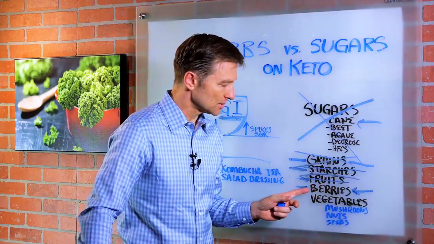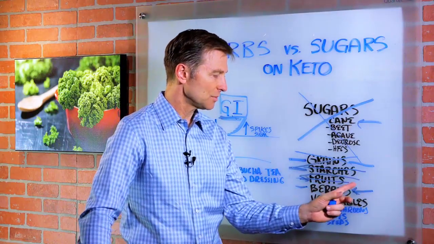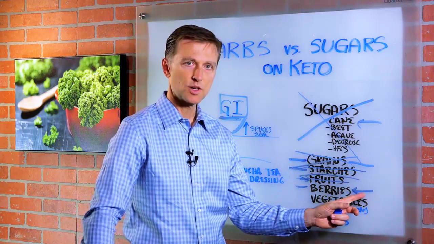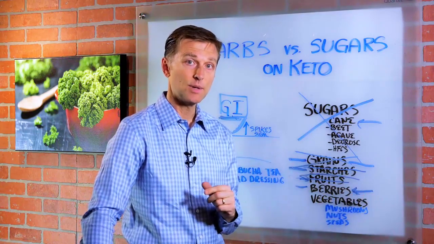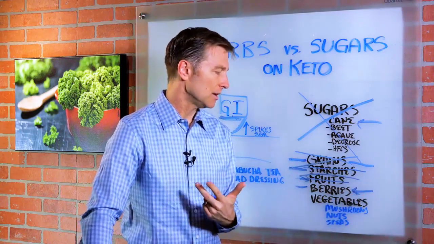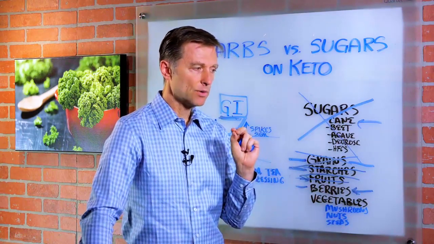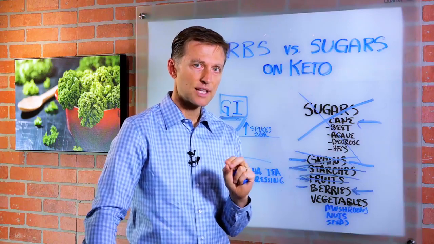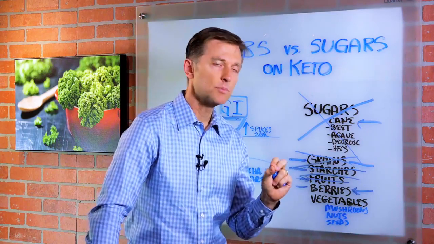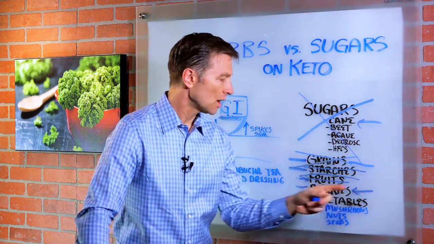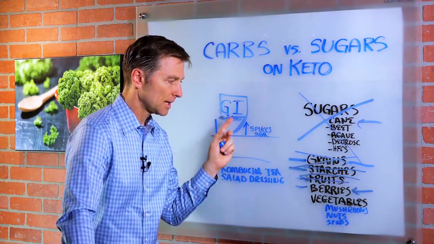And then we get to these things called berries, which are similar to fruits. They do have some sugar, but they have a much lower glycemic index and a higher amount of fiber. Now, within the berry family, I would recommend blackberries and raspberries instead of strawberries and blueberries because they're lower on the glycemic index, okay?